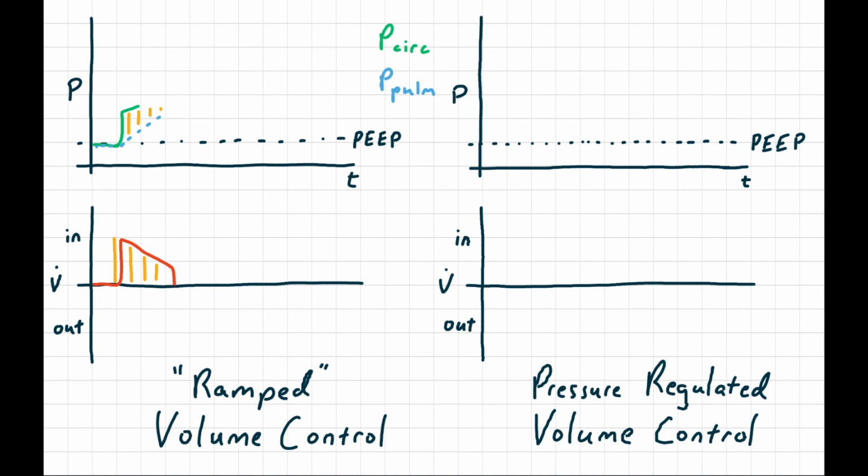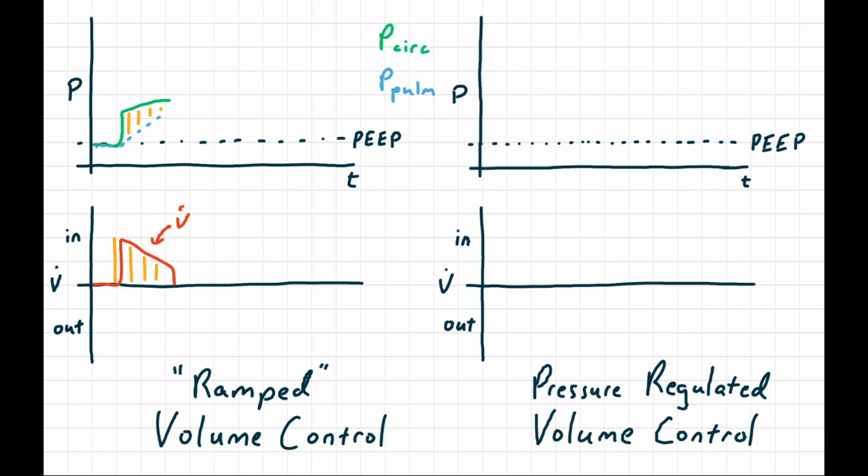This doesn't give a completely flat pressure curve like pressure control does, because there's still some relationship between the pulmonary pressure and the circuit pressure that's being maintained. Again, the limit variable that's fixed is the flow value, and in this case the shape of the flow curve. But the pressure curve is quite a bit flatter than it would have been in traditional volume control mode.